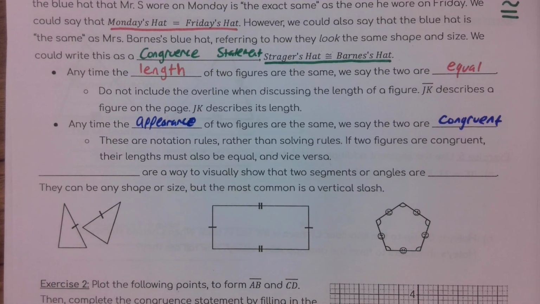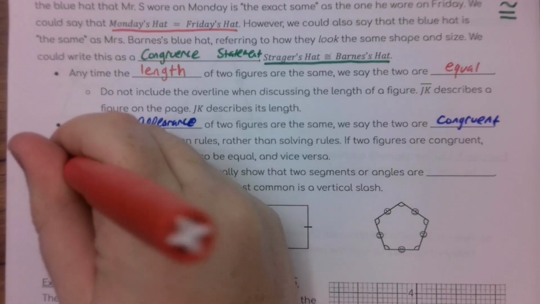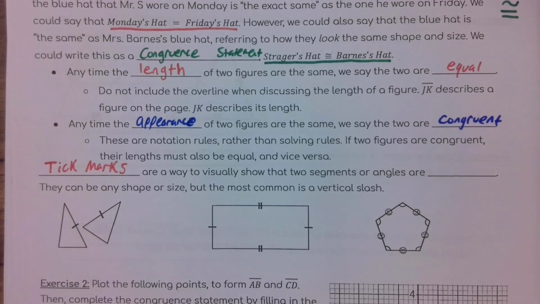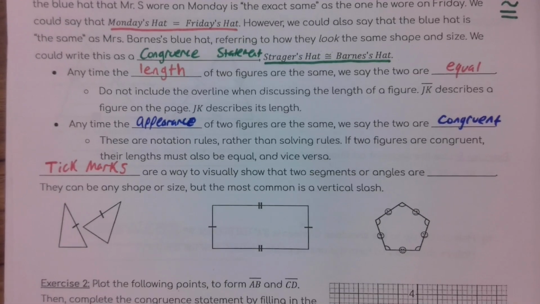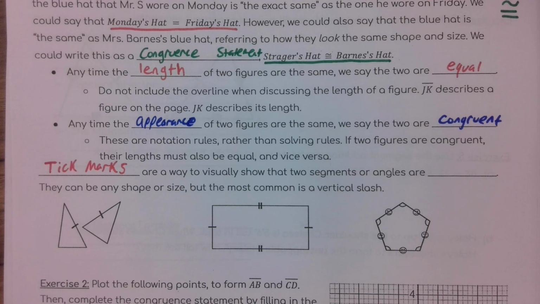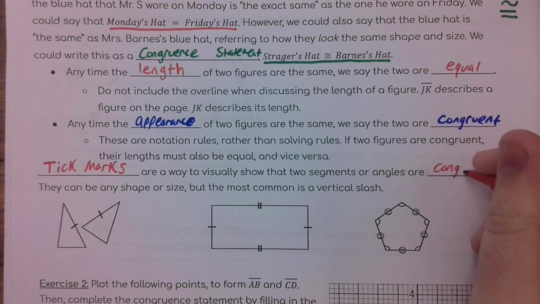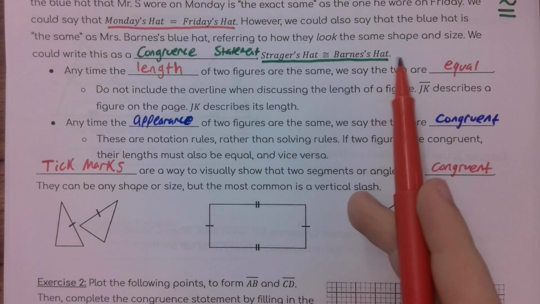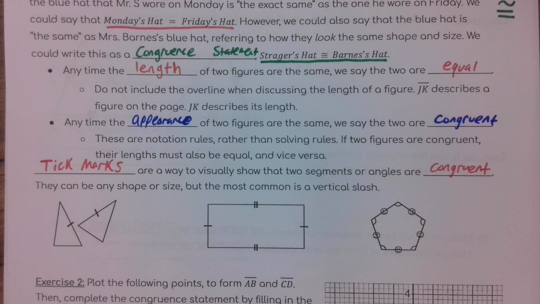To show it shorthandedly, though, we can use something called a tick mark. Tick marks are a way to visually show that two things are congruent without having to actually write a congruence statement like Strager's hat is congruent to Barnes's hat, or line segment AB is congruent to line segment CD.